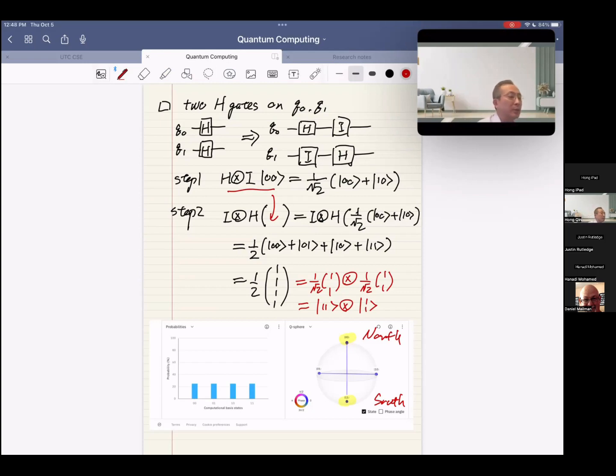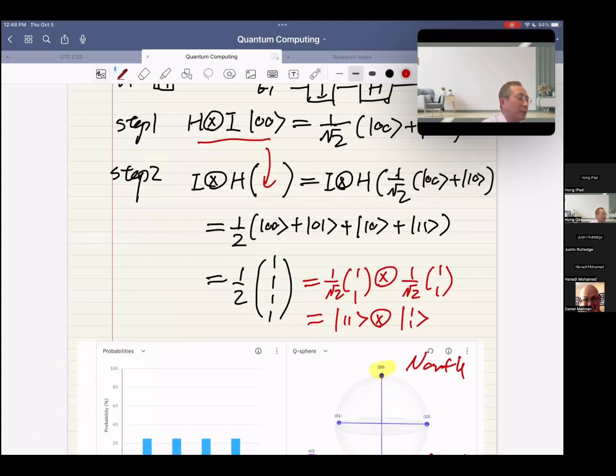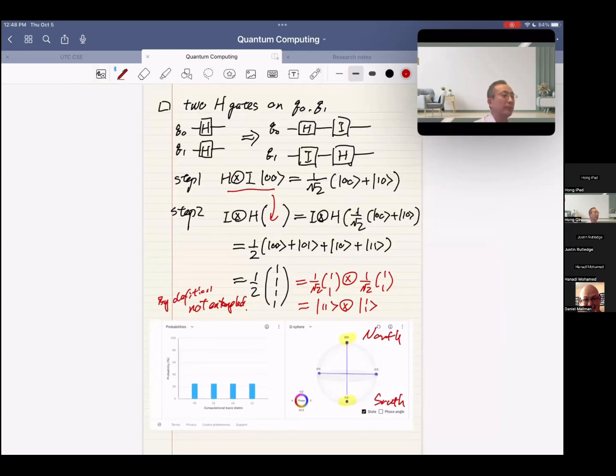So this, and then by definition, not entangled. So the two H gates on Q0 and Q1 become two superpositions, and the tensor product of two superpositions leads to the two-qubit state system.